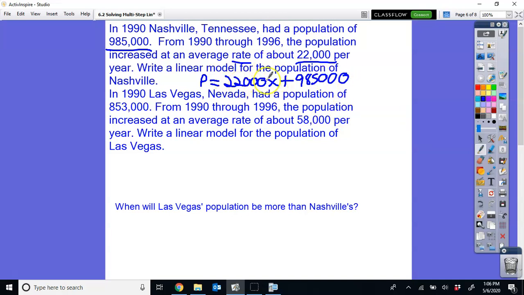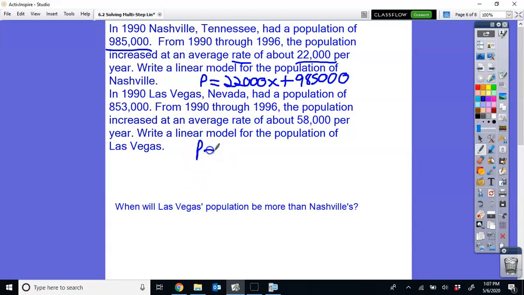That should be logical even if you don't go through and write it maybe in quite this order. 22,000 times the number of years plus the original amount. That's mx plus b. Now you could also put y here instead of p if you wanted to. For Las Vegas, the population was 853,000 in 1990, and their population increased at an average rate of 58,000 per year.